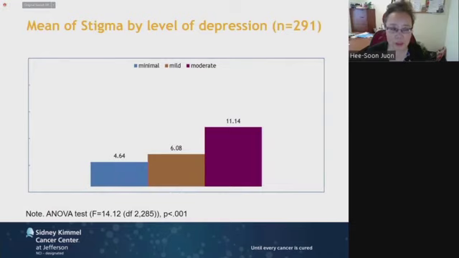So I looked at the mean of stigma by 3 levels of depression. Moderately depressed people have the highest level of stigma, followed by mild depression. So this is statistically significant.